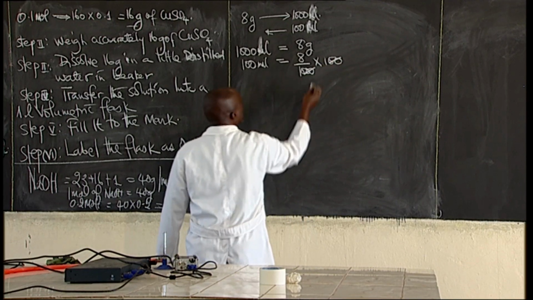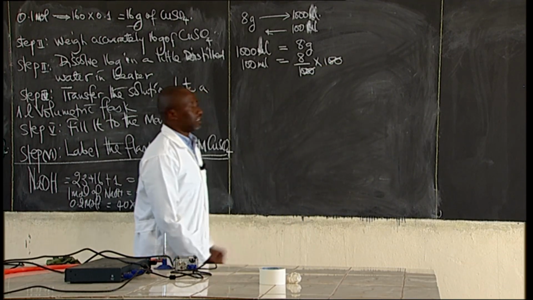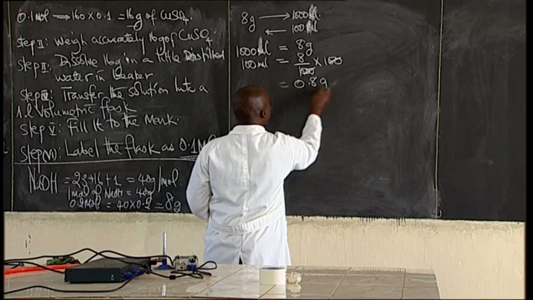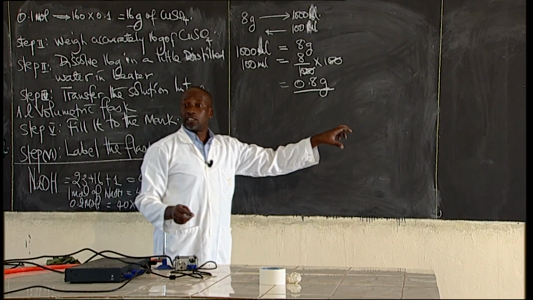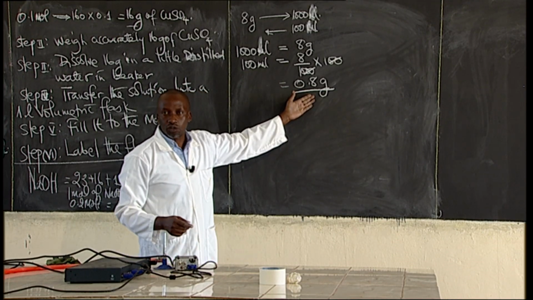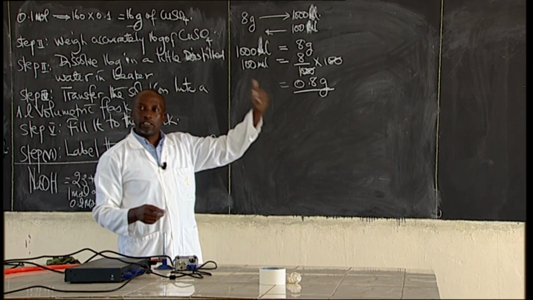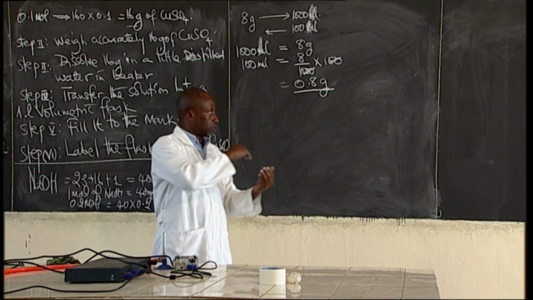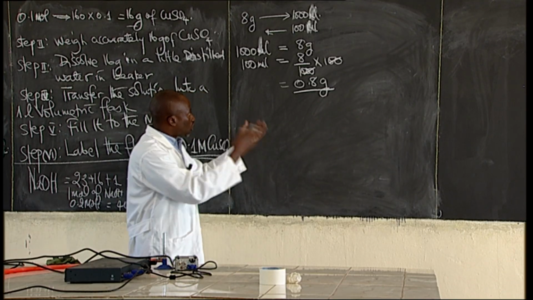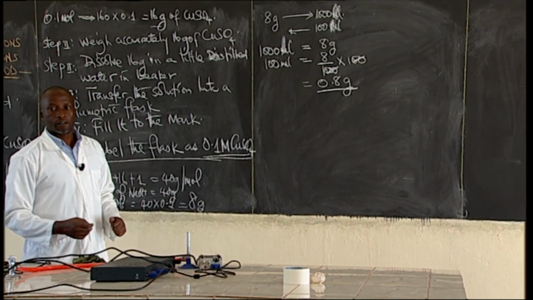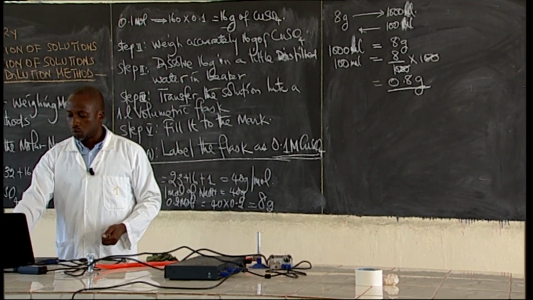You divide by 10, that is 0.8. So you'll have 0.8 grams. You weigh this, then transfer it into a 100 milliliter flask with water. Dissolve it, and then follow the steps. That is how we are supposed to do it.